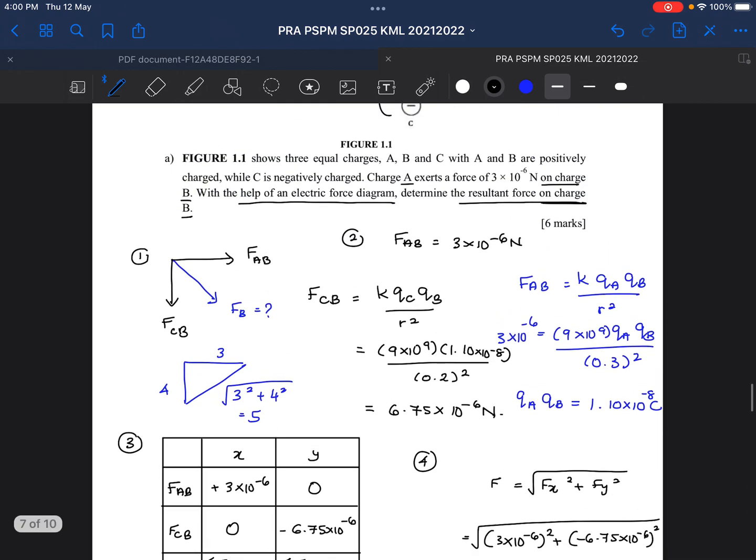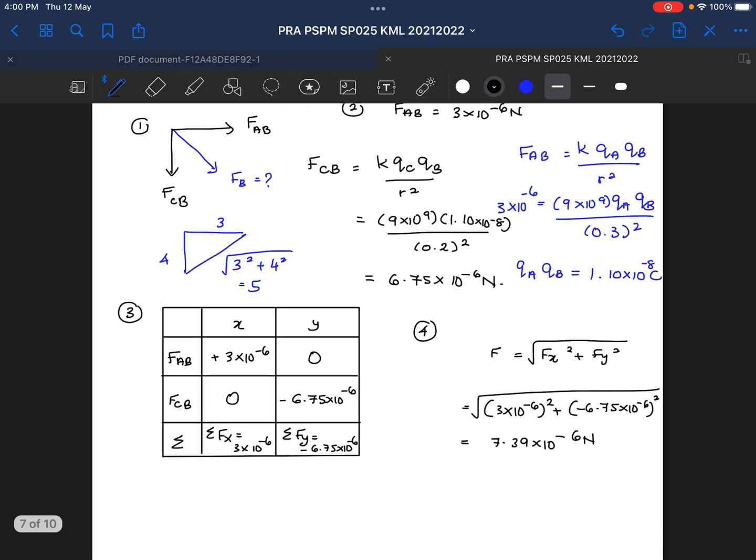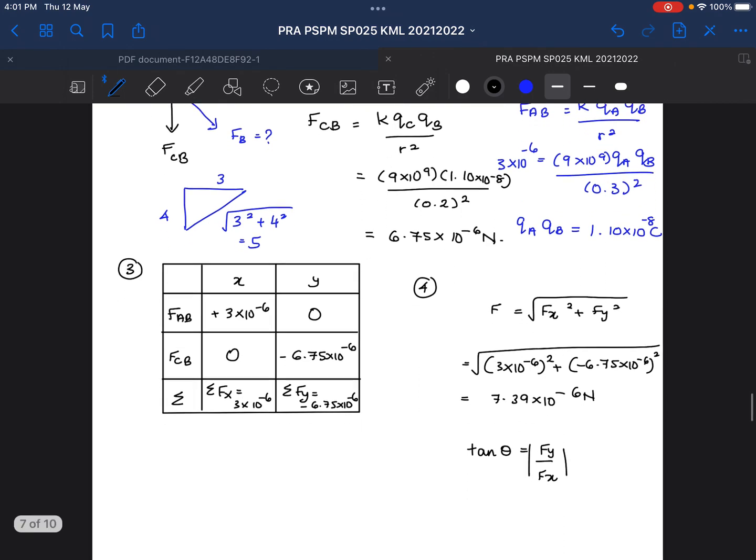Okay. So bila soalan minta resultant force magnitude kan. So disebabkan force ni adalah vector. So vector mesti ada nilai, magnitude and direction. Walaupun dia tak minta direction, but you have to give it the direction lah. Iaitu berapakah angle dia kat sini. So the angle you akan guna formula tangent theta equals to Fy over Fx modulus.